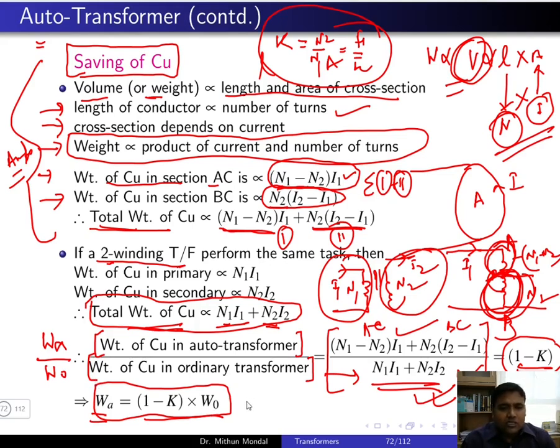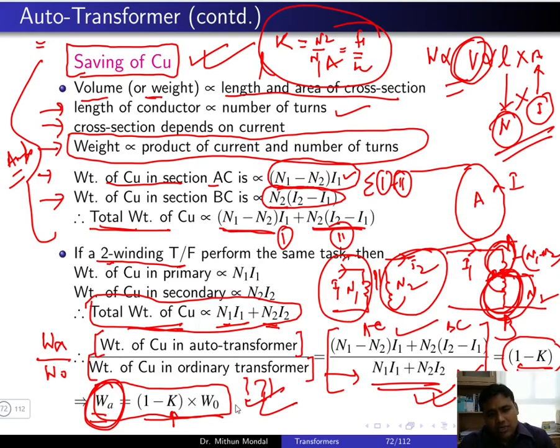From this equation you can easily visualize that because the value of K will always be less than 1, the auto transformer weight will always be less than the two winding transformer. So that will produce the saving of copper. Okay, so please remember this equation.